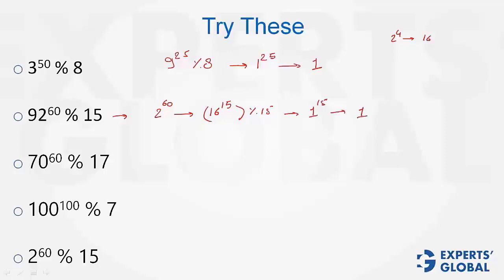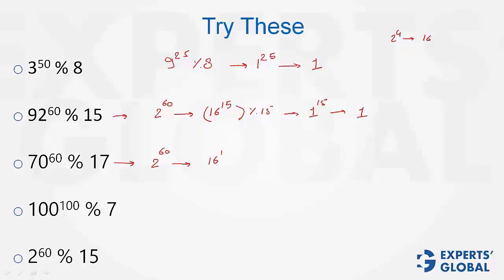Please don't think that the answer is always going to be 1. Very often, of course, you will have other answers, probably in the next question. So first of all, reduce the base. 70 divided by 17 gives remainder 2. So once again, it becomes 2 to the power of 60. Again, 17. So 16 is going to help because 16 will give a remainder of negative 1.